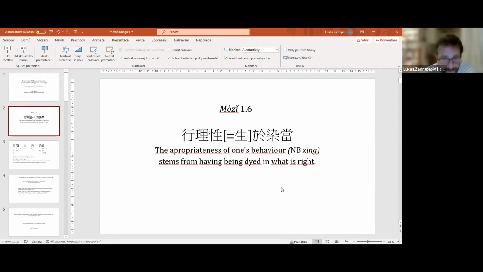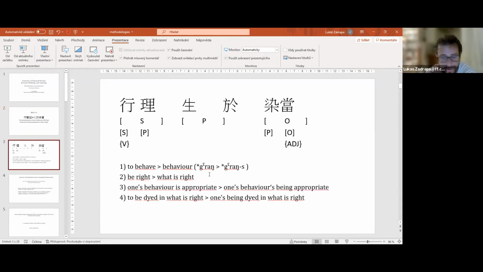We have this Xing Li Sheng Yi Randang: the appropriateness of one's behavior stems from having been guided in what is right, which features several degrees of nominalization, which I show in the third picture.